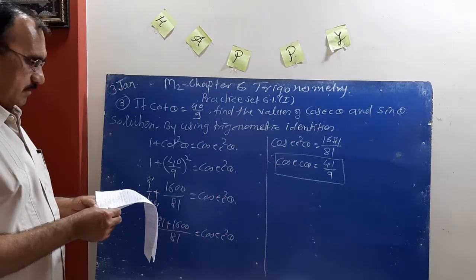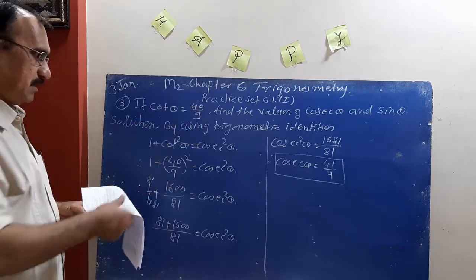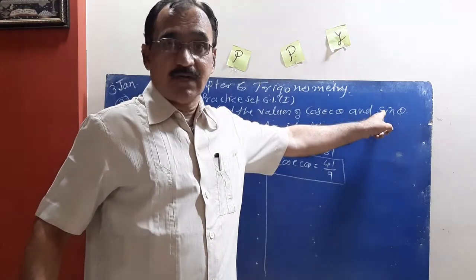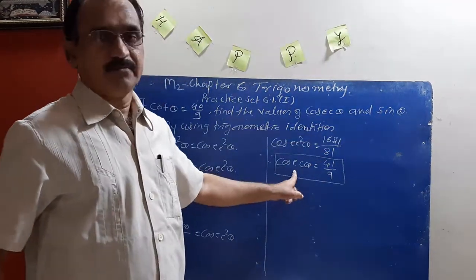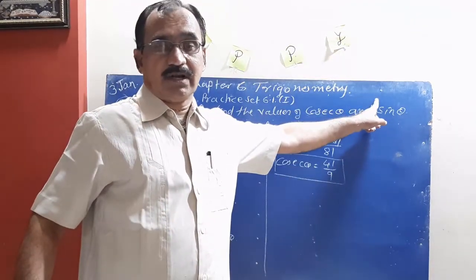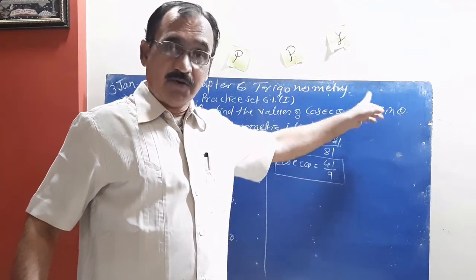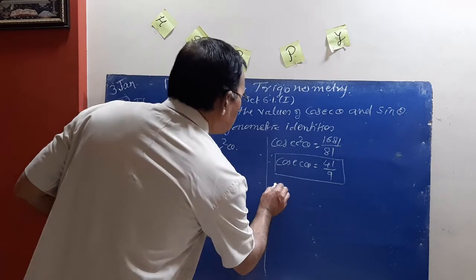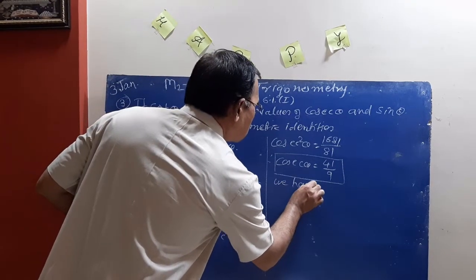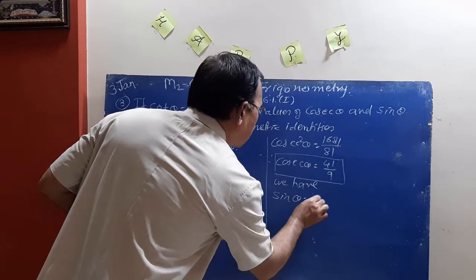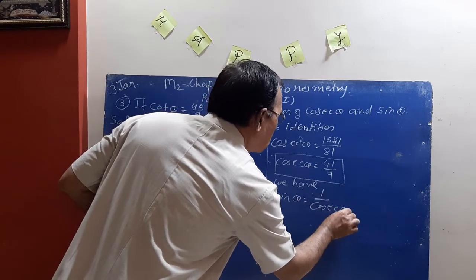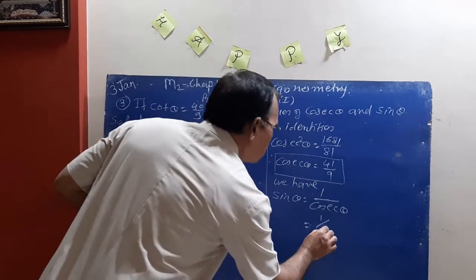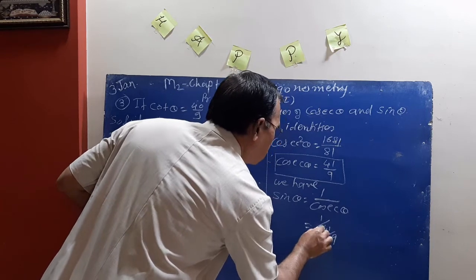41 upon 9. Then we have to find sin theta. If we know cosec theta and we have to find sin theta, which relation can we use here? Cosec is the reciprocal of sin, which means sin theta is equal to 1 upon cosec theta, is equal to 1 upon 41 upon 9.